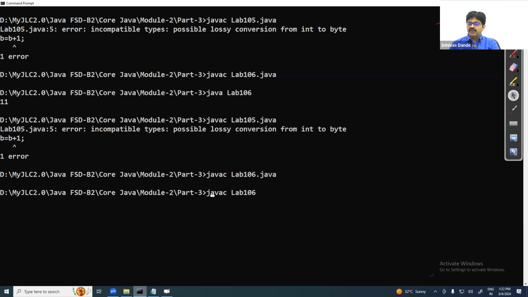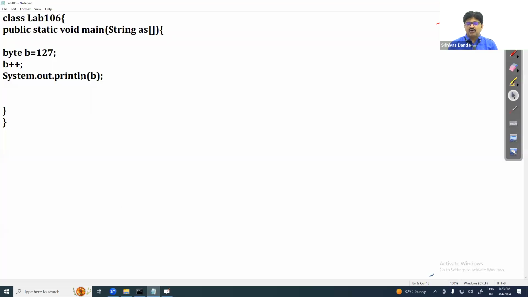Yes, Pavani, this is another special case. Data loss happens. See, 127 plus 1 is 128, but it is showing minus 128, which means when it is converting, data is gone. Even if you give 10, no problem: 10 plus 1 shows as 11.